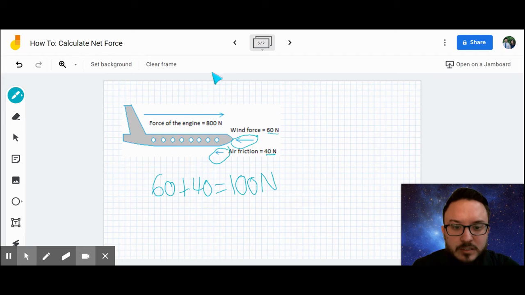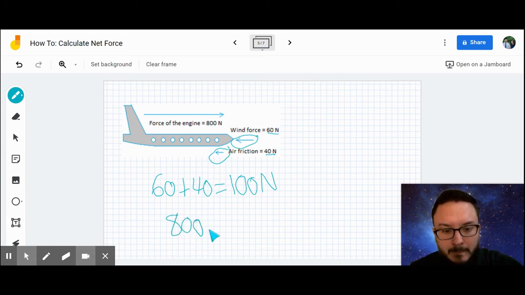But we also have this big force up here pointing to the right. That is in the opposite direction of these two forces, so we're going to subtract. Now remember, you're always going to subtract the bigger number minus the smaller number. So what I'll do here is I'll do 800 newtons, that's the force of the engine, and I'll subtract my combined force here of 100 newtons.